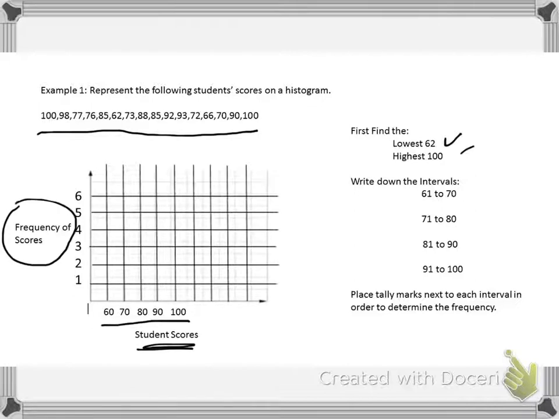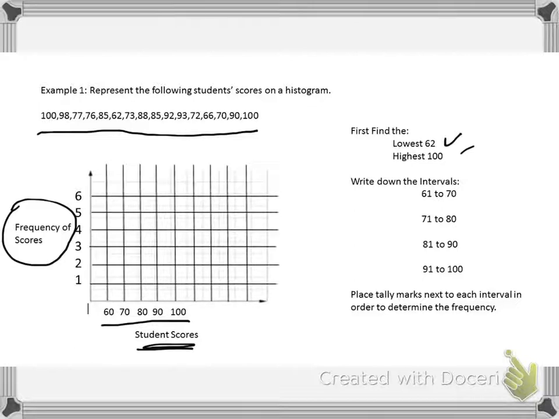Well, with a histogram, we're talking about frequency of occurrences. So I have 1, 2, 3, 4, 5, 6. How often was there a student score within that interval? I'm going to use tally marks to mark my frequency.